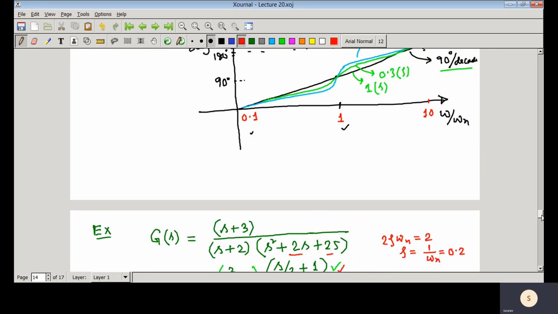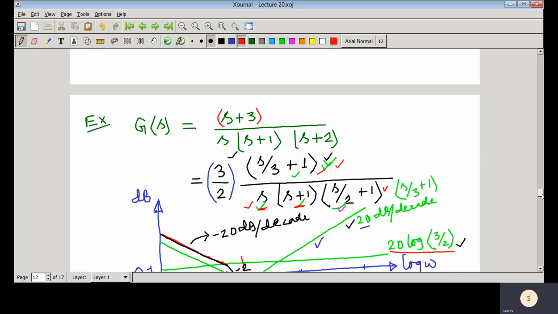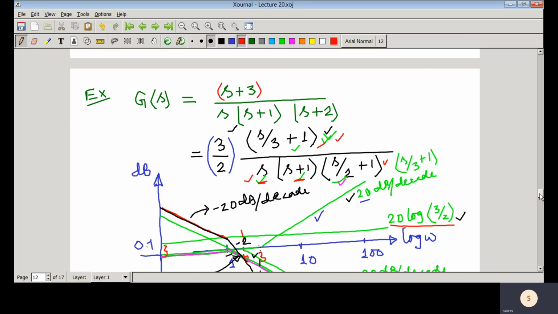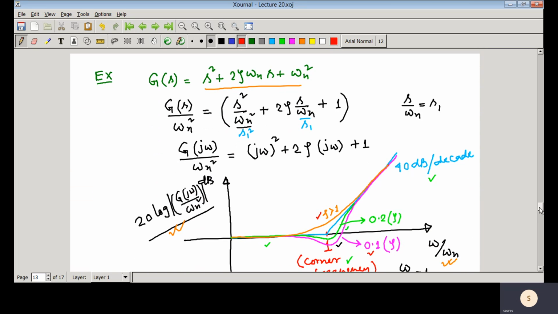What we have done in the Bode plot, that means we have discussed the different factors, the first order factor 1 by s plus a, and the second order term, and we have shown what would be that asymptotic plot. And here it was in the numerator, that means the denominator is 1.